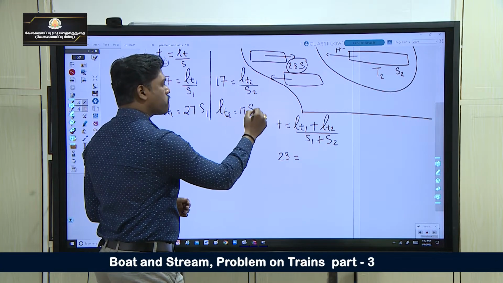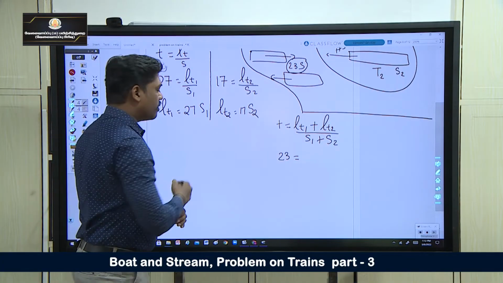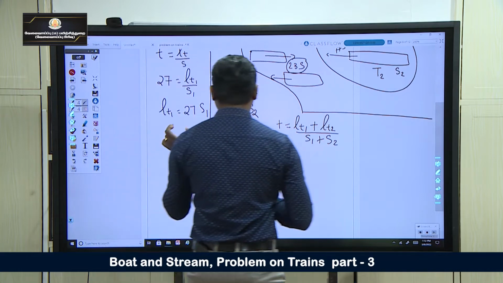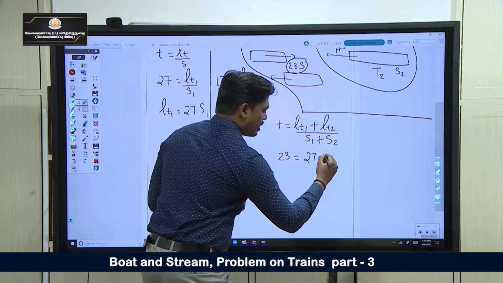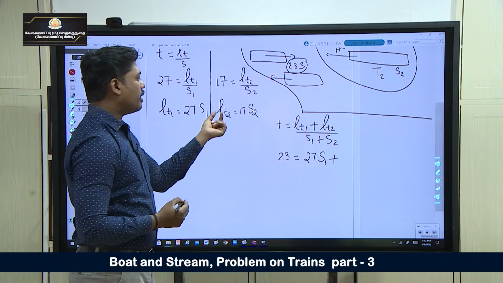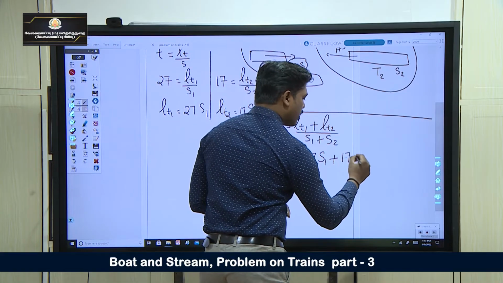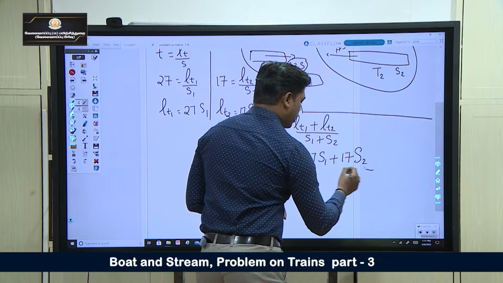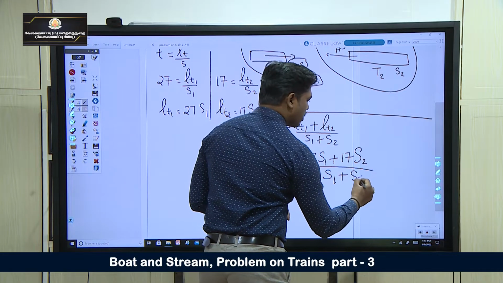It is 17 S2. Just substitute here. So, 23 is equal to 27 S1 plus 17 S2 divided by S1 plus S2. Is that clear?